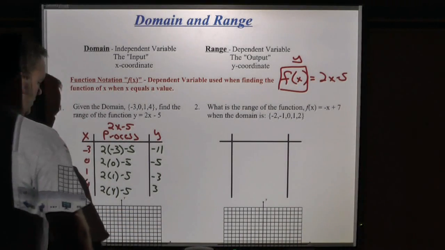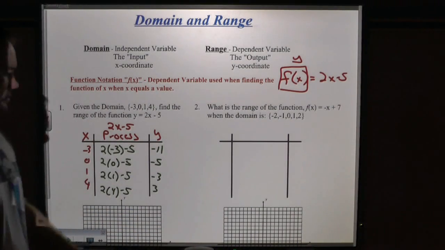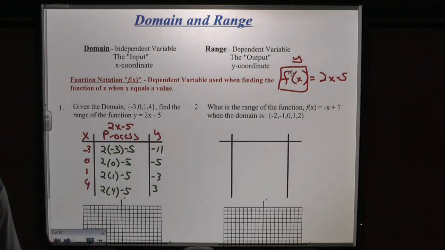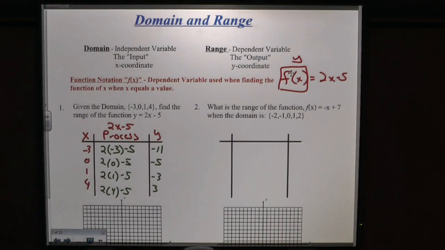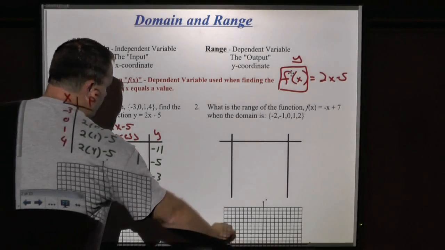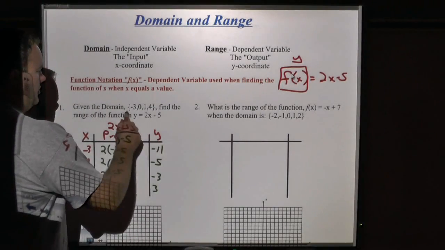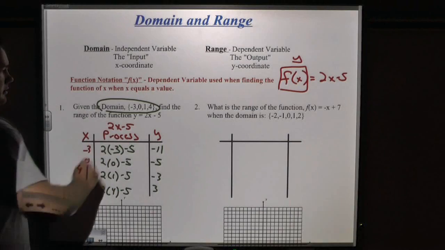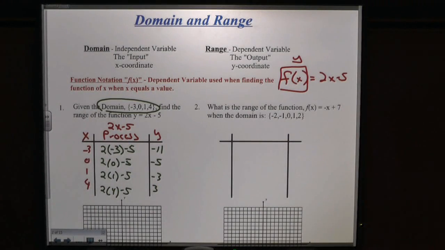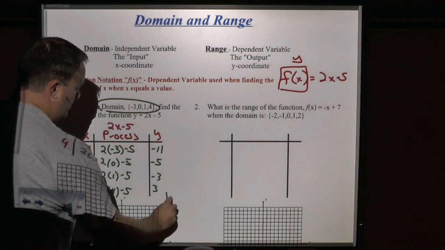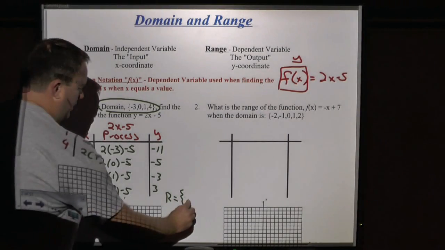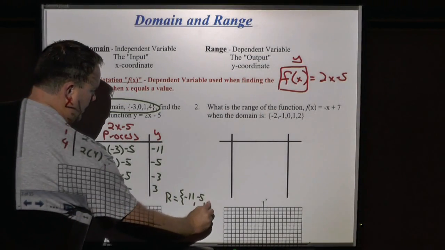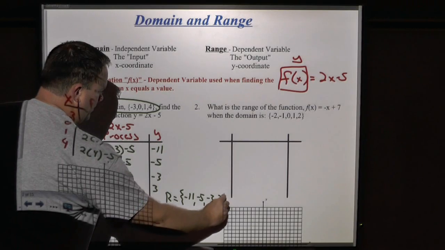The whole idea of this is that given this domain, you need to find this range. When we write out the range, it can be written in a lot of different ways, but you'll often see it written the same way the domain was written. So you might see something like R equals, with parentheses, -11, -5, -3, and 3.